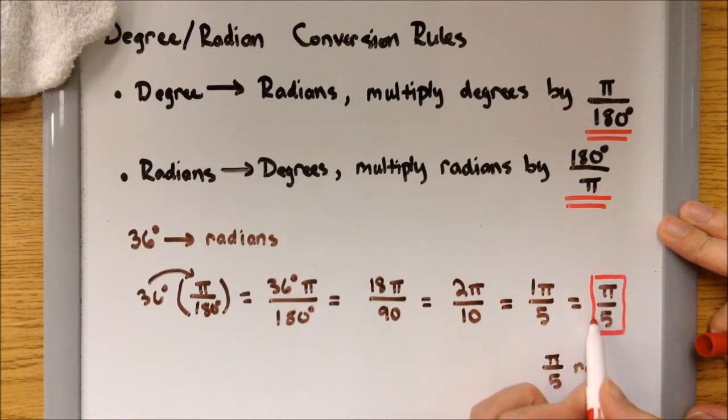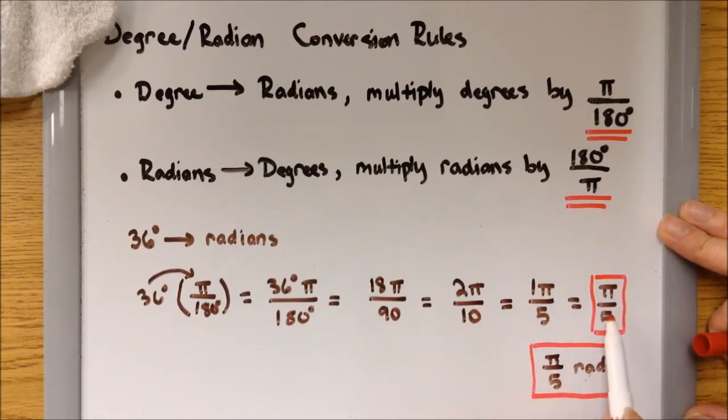We're not really picky about you writing rad or radians, but in the event you have a professor telling you to write it specifically, my sufficient answer would be pi over 5, but sometimes they might have you write pi over 5 rad or radians.